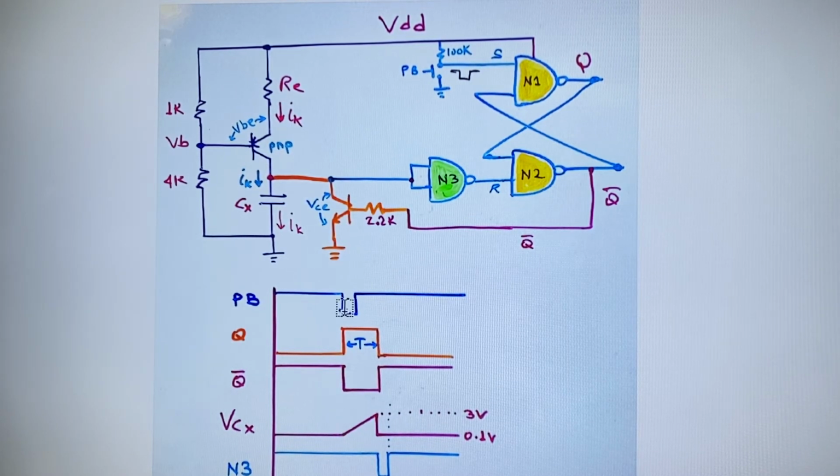So when the capacitor reaches the voltage that the Schmitt trigger needs to change state, in this case 3 volts for the Schmitt trigger 74HC132, it detects a logic 1. So this one detects here a logic 0, then you have a logic 1 here, a 0 here, and because NOT Q is equal to 1, this saturates the transistor and discharges the capacitor.